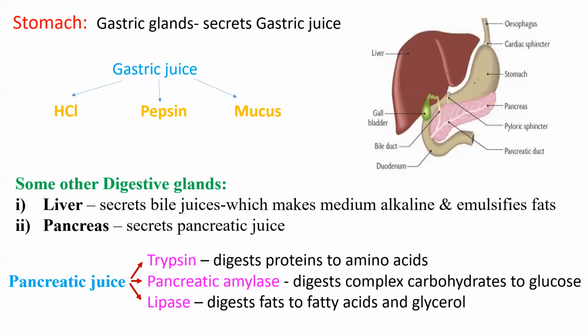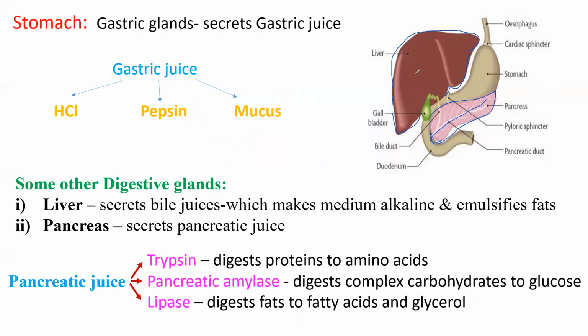You can see the largest gland in our body, the liver. The second largest gland is a leaf-like structure, the pancreas. These are the two glands present around the stomach.